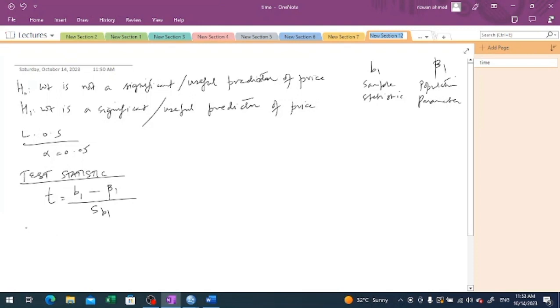Now decision rule or criterion remains same.